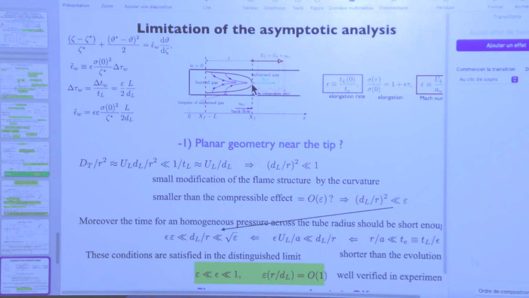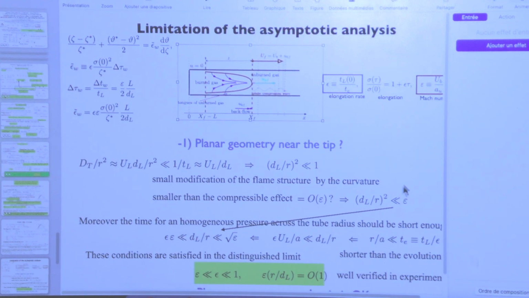So, in a sense, the Mach number based on the speed of the tip is not small, but the Mach number based on the laminar flame speed, UB or UL, is all the time small. Don't confuse the things.